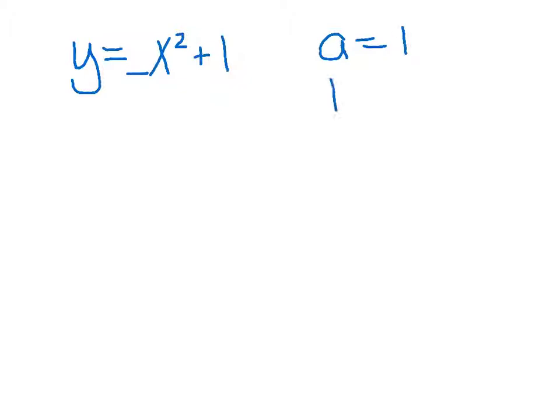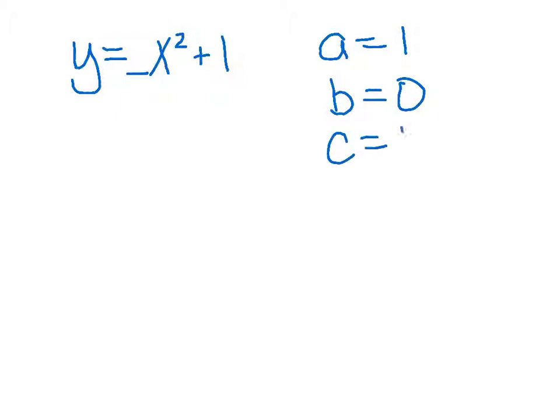Okay, let's do one that's slightly more complicated. Let's say y equals x squared plus 1. So our a equals 1, our b equals, and remember b is the coefficient of the plain x. Since we don't have any x, our b is 0 again.